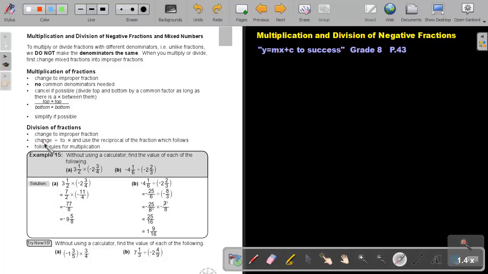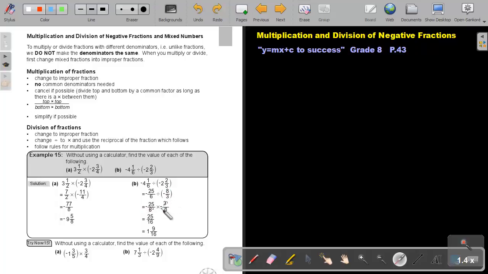Now, change the division to a multiplication and use the reciprocal of the fraction. So change that division into a multiplication by taking the reciprocal of the second fraction. And basically, it's just turning it around. The denominator becomes the numerator, and the numerator becomes the denominator.